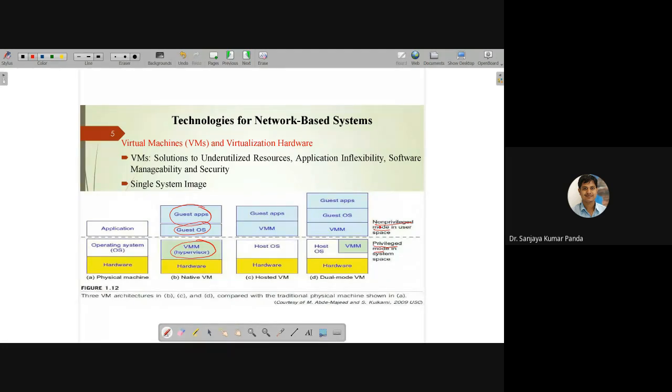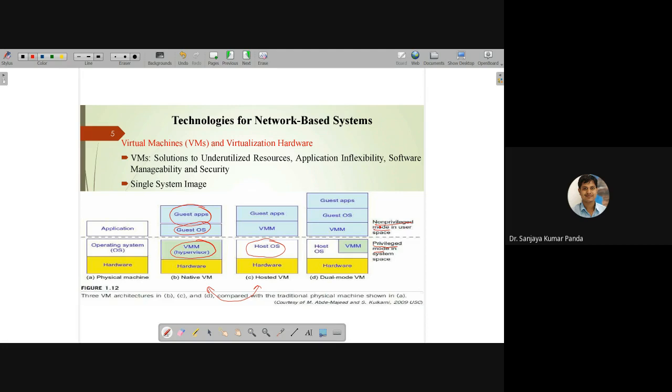Now, if you move from the native virtual machine to the hosted virtual machine, we have hardware and we have a host operating system. Both belong to full virtualization. But the main difference is that in the hosted virtual machine case, a host operating system is there, whereas in the native virtual machine case, there is no need for any host operating system.